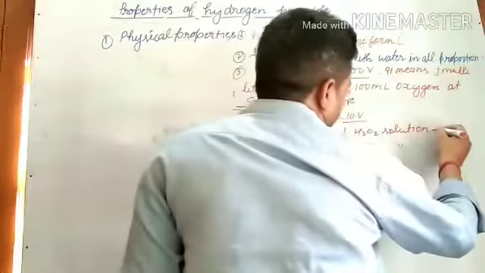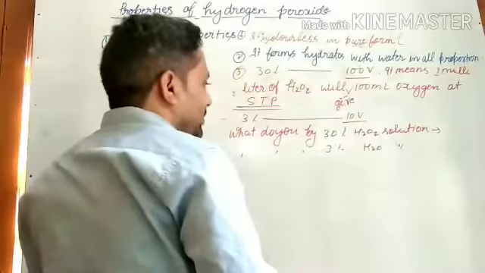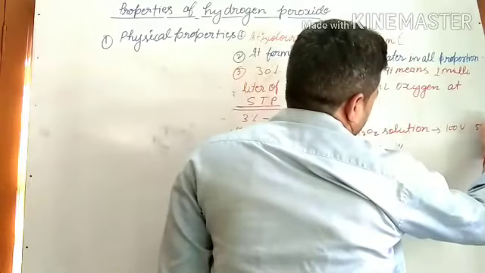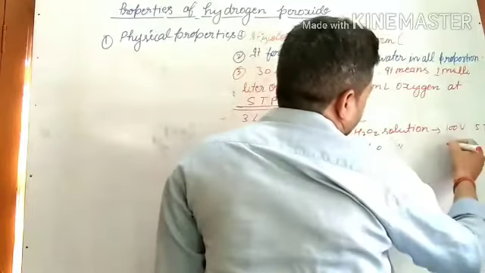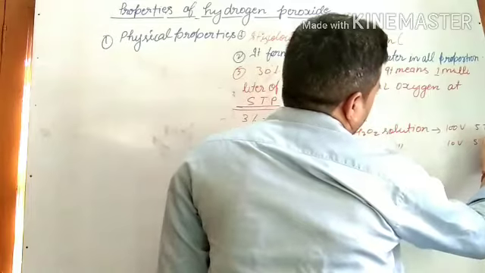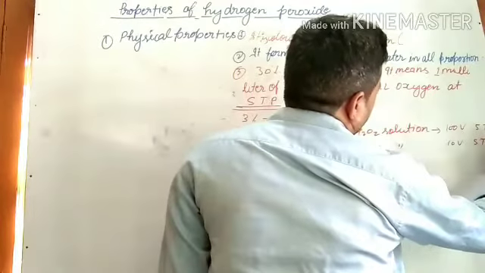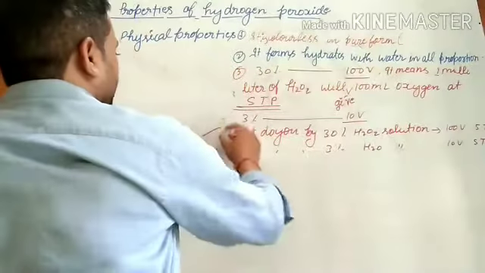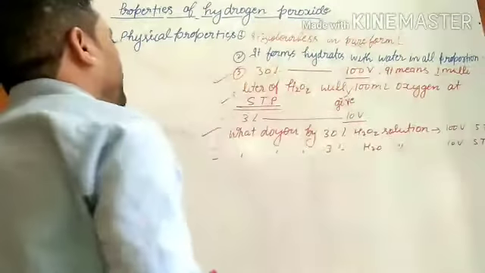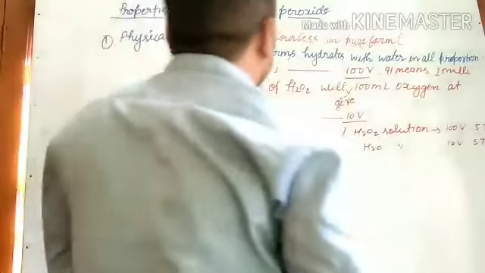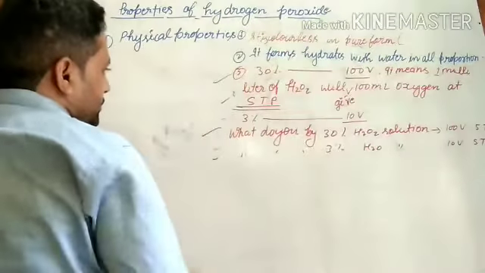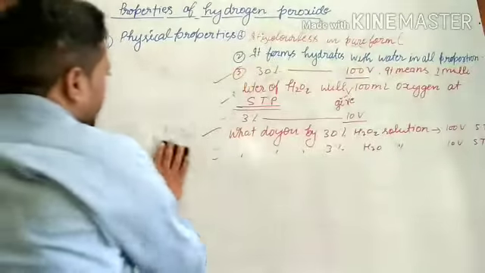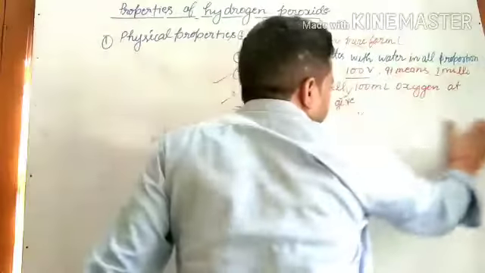If 30%, it will release 100 volume of oxygen at STP. If 3%, it will release 10 volume of oxygen at STP. So remember this property. These questions are very important for competitive examinations and for board examinations also.